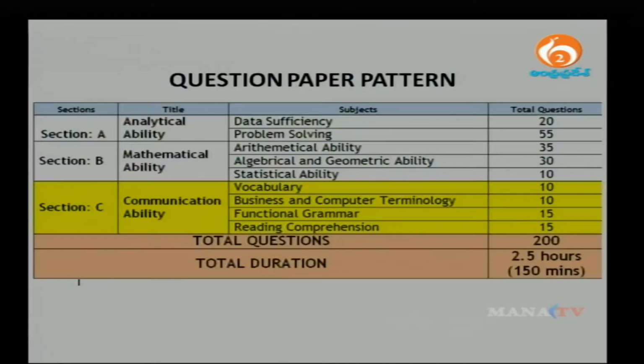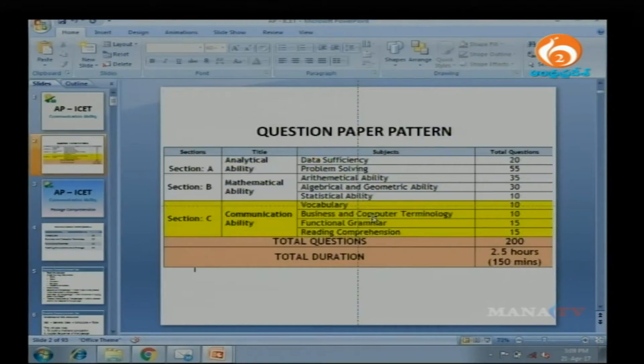You have a total of 200 questions, and the time allocated is 150 minutes. What does it mean? Let me show you a quick calculation. These are ways of helping you get better scores for your entrance exam. All right.